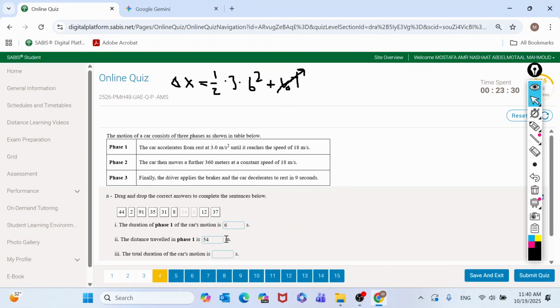The total duration of the car's motion. Here they ask for all 3 phases, so now we need to find the duration for all 3 phases. Let's find phase 2. The car then moves a further 360 meters at a speed of 18 meters per second.